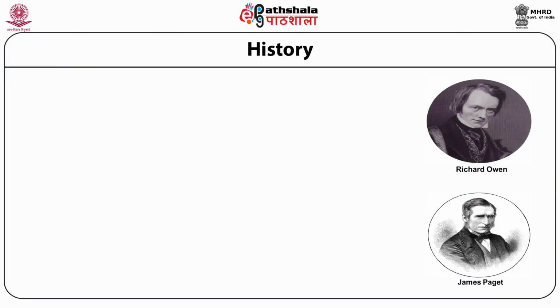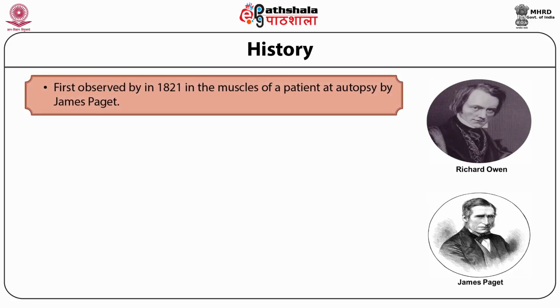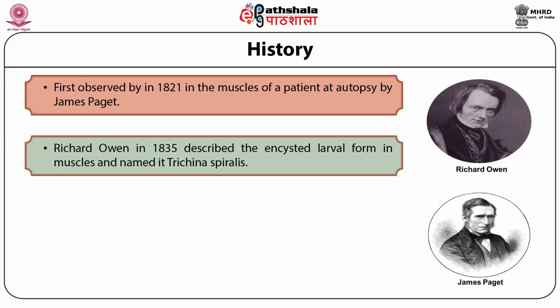History of Trichinella spiralis. Trichinella spiralis, which causes trichinosis, was first observed in 1821 in the muscles of a patient at an autopsy done by James Paget. Richard Owen in 1835 described the encysted larval form in muscles and named it Trichina spiralis.